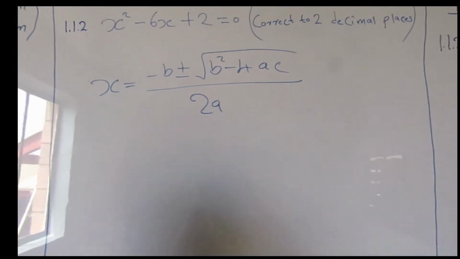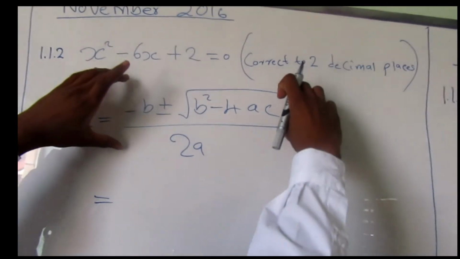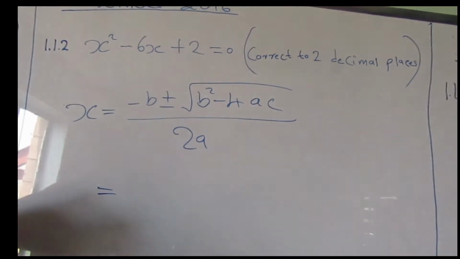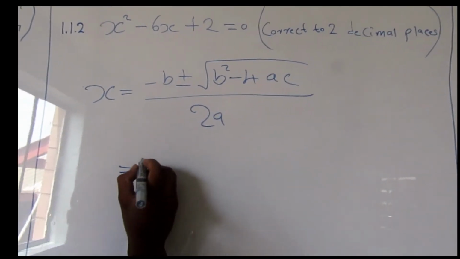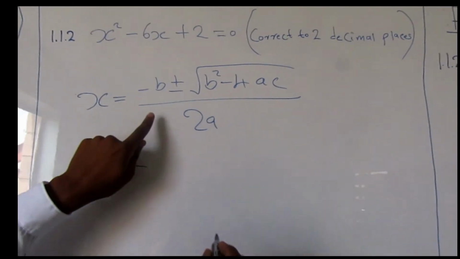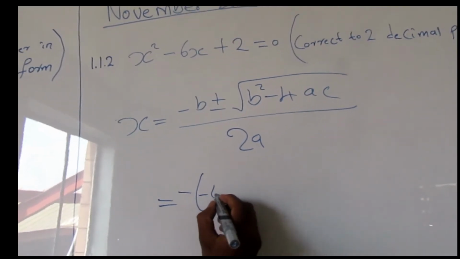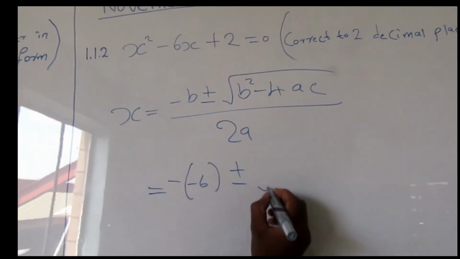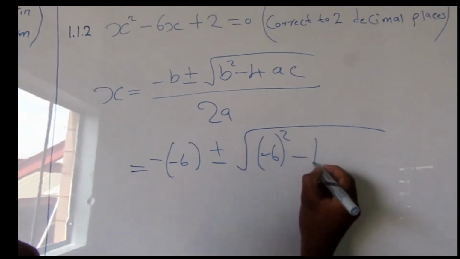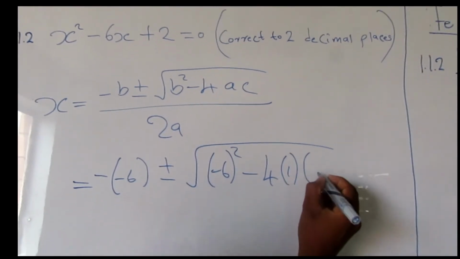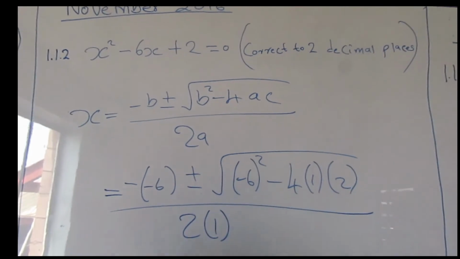is to say, remember, keep this in mind, when you're substituting in this equation, always put brackets. Our b is -6, so we put brackets: -(-6) plus or minus the square root of (-6) squared minus 4 times 1 times 2, divided by 2 times 1.